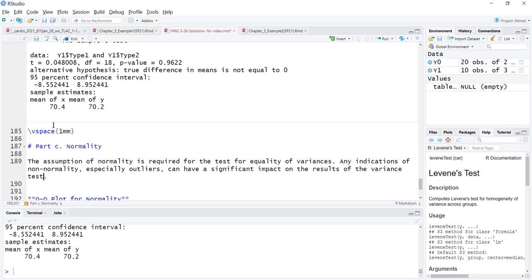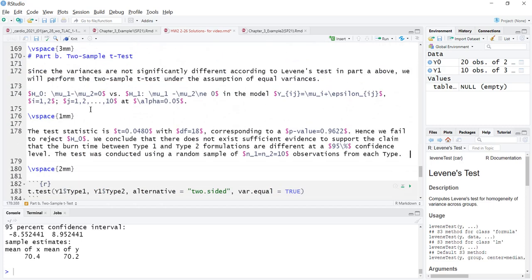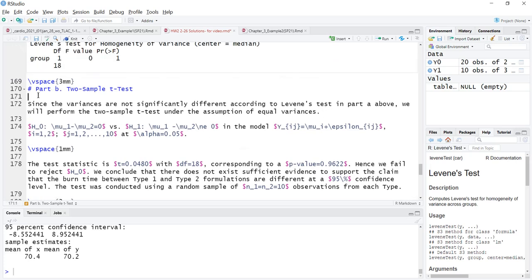Now let's talk about the assumption of normality, and I'm gonna come up here and do 2 lines. Okay. Let's make sure we have our spaces at the end of everything. So, although I have V space, it's not as important. But here it certainly is. Or else, well, there we go.